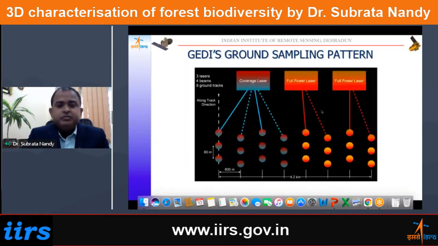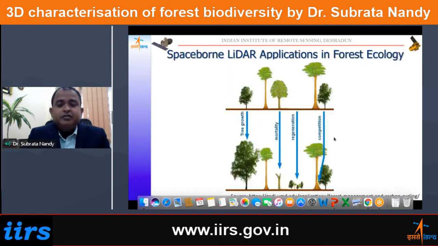And here we have 8 ground tracks, basically 4 beams, and they are split into 8 ground tracks. So when you get the data, you get 8 ground tracks. And this kind of data could be very good when you are talking of, let's say, tree growth study, because there is a repeated coverage also, since this is on the same platform as GEDI as well as ICESat-2.